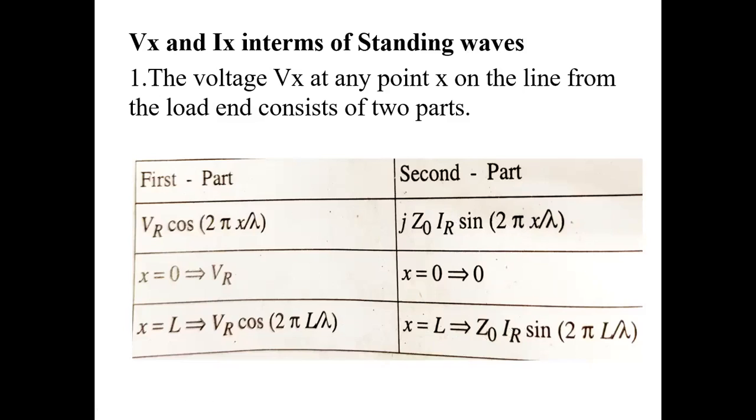Similarly, we take the second equation, the current equation, and apply the same two conditions: x is equal to 0, what is the magnitude of Ix, and x is equal to L, what is the magnitude. In the second part also, we substitute these two boundary conditions, x is equal to 0 and x is equal to L.